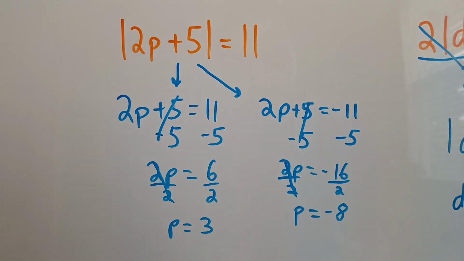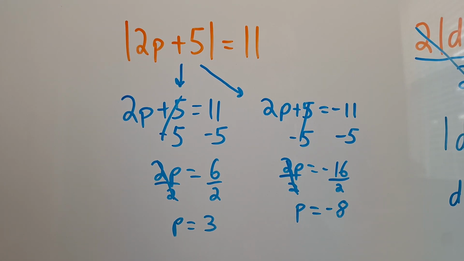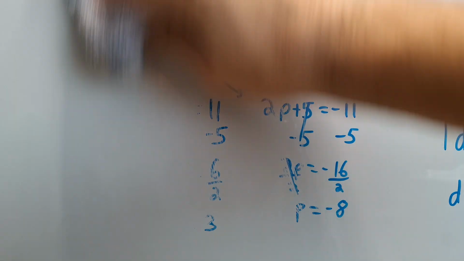So what would happen if we ever had an instance where those absolute value symbols were equal to something that would be negative? If that's the case, then we're going to have no solution. And here's an example of what that looks like.